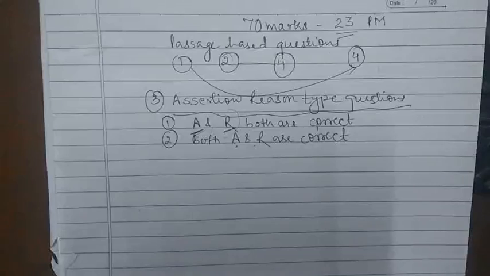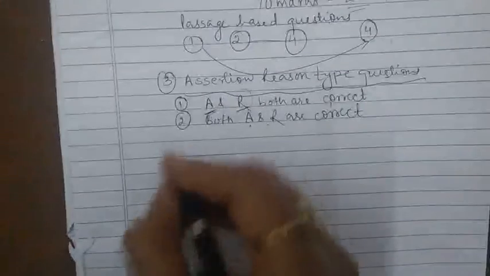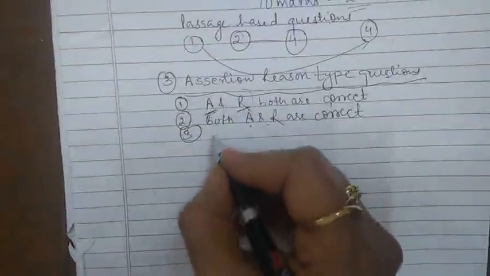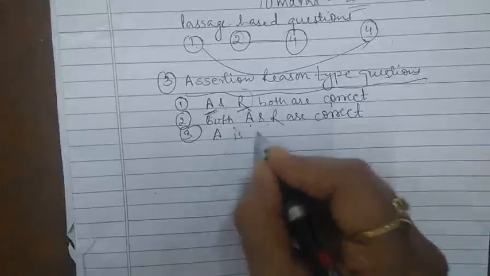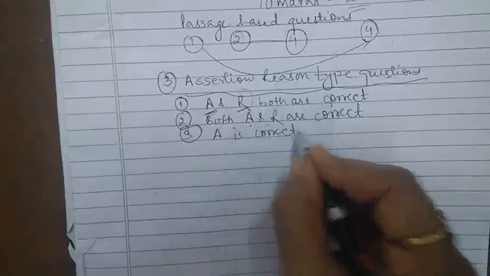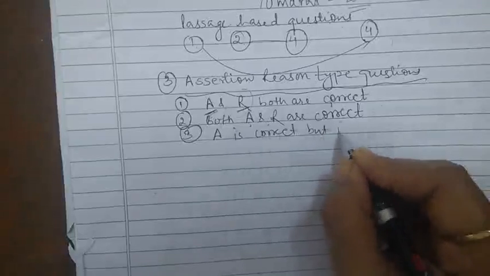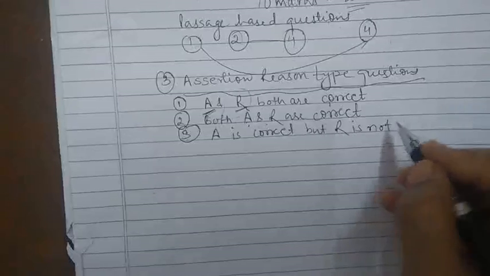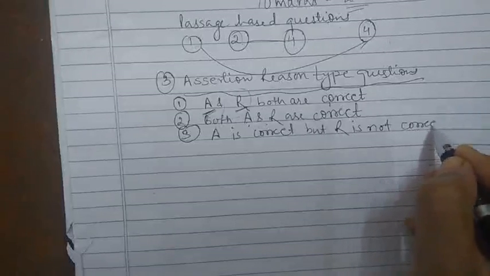Now the third point is: assertion is correct, but reason is not correct.